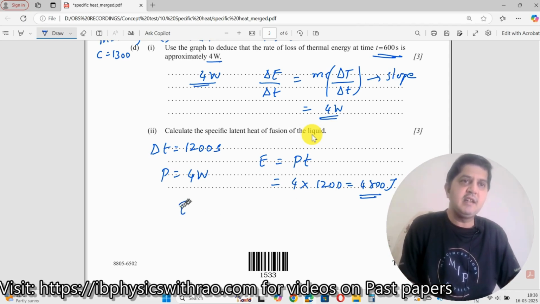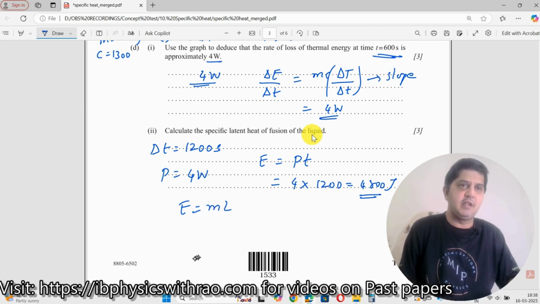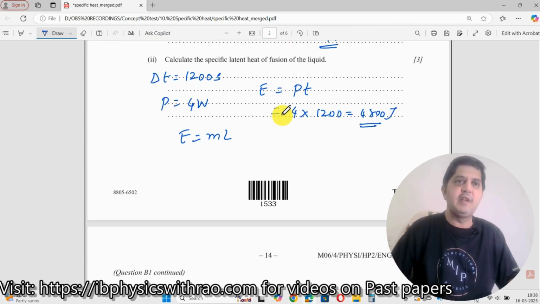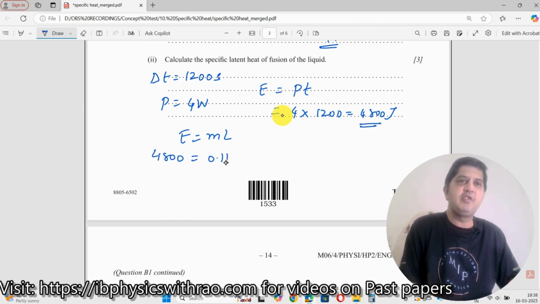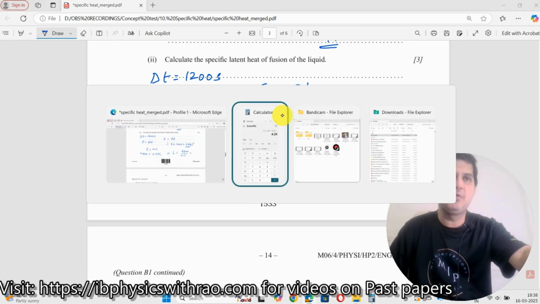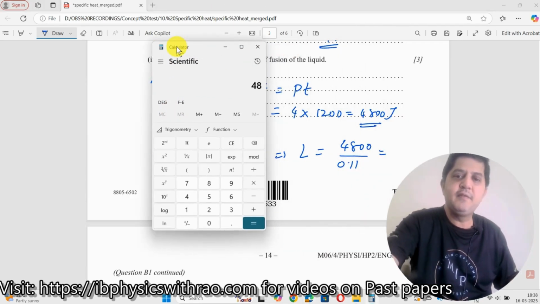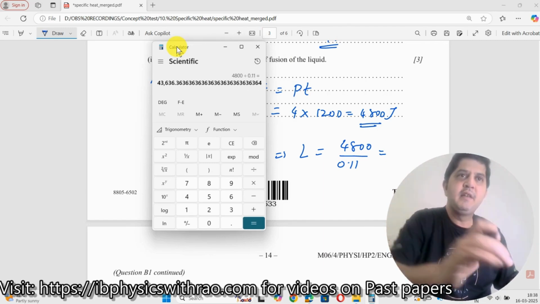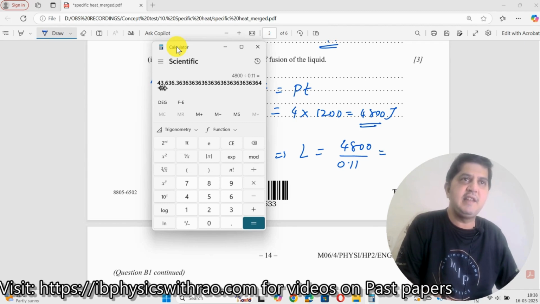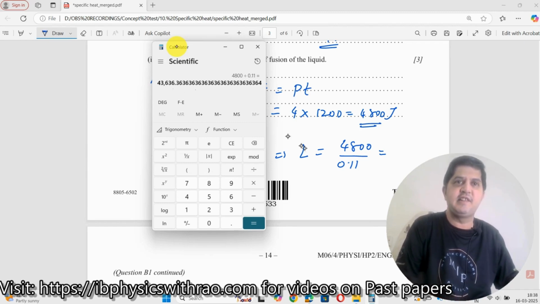Now we know that energy E is equal to m L. Now things become easier. We'll substitute this 4800 here. This should be equal to 0.11 times L, or in other words, L should be equal to 4800 divided by 0.11. When I calculate this, I get 43,636.3636 and so on.